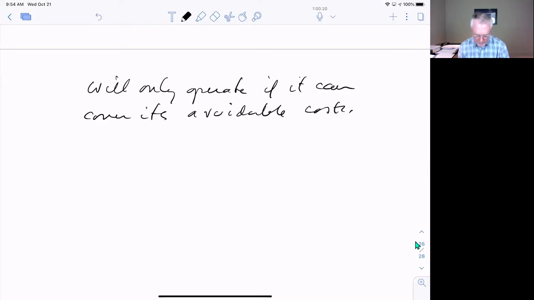And what I was saying was that the firm's profit in this particular case was equal to the price that the market offers minus average avoidable costs times Q minus average sunk fixed costs times Q.